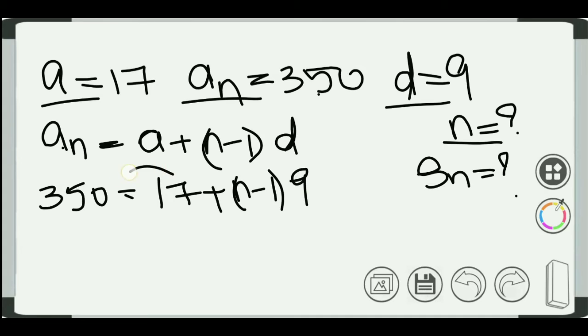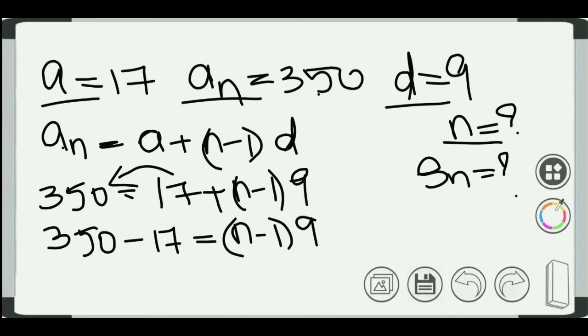So I am taking the 17 this side, so plus 17 will become minus 17. 350 minus 17 is equal to n minus 1 into 9. So 350 minus 17 is 333 equal to n minus 1 into 9.